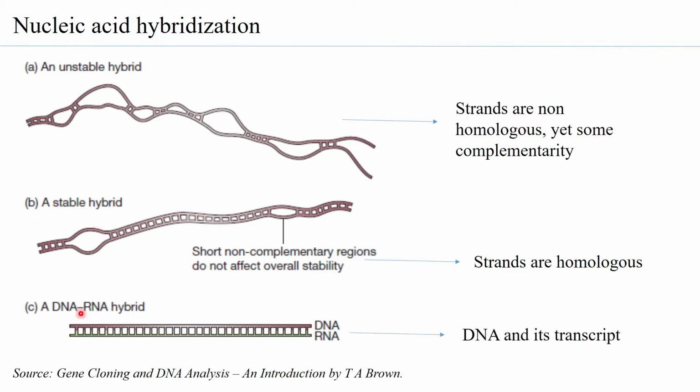One can also have, as mentioned earlier, hybridization happening between DNA and its complementary RNA. These are the different possibilities of hybridization, and each one of these is talking about the fact that there have to be bases that are complementary to each other. That is something that is highly essential.